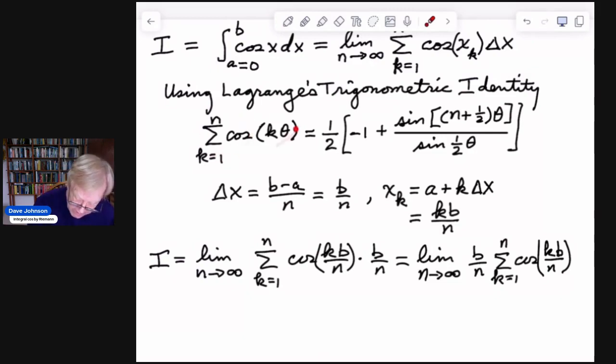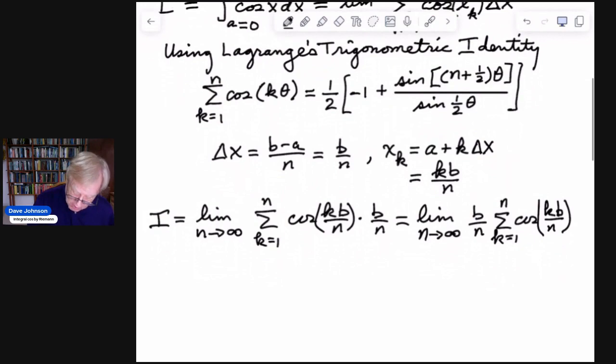So the idea behind Lagrange's trigonometric identity is that you can write the sum of cosines with various indices, a summation having n terms, and you can rewrite this in closed form in the following way. And that's going to be handy because when we take the limit as n goes to infinity, we'll have an infinite series here, but we'll still be able to write it as the limit of this expression. And we'll find that evaluating that limit is not very difficult.